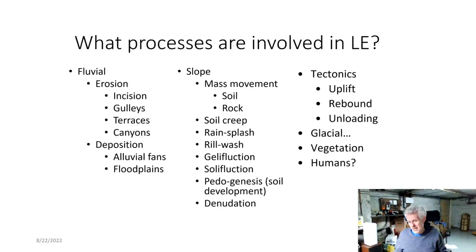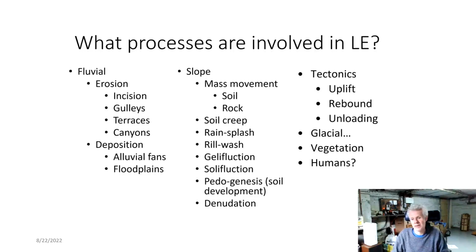Then we've got slope processes like landslides, rock landslides, soil creep, rain splash, rill wash, gelifluction, the generation of soil itself, pedogenesis, weathering of bedrock. And then we have even bigger processes like tectonics, uplift, rebound, unloading, isostasy.